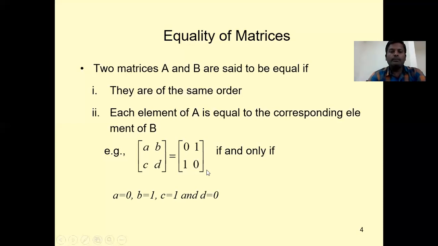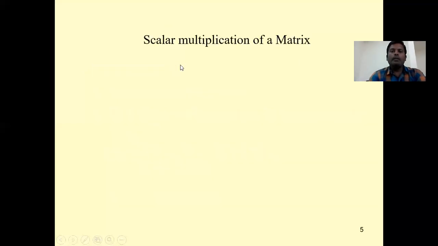We go to the next definition, scalar multiplication of a matrix. If every element of a matrix A is multiplied by a scalar k, then the matrix obtained contains all the elements of A multiplied by k.